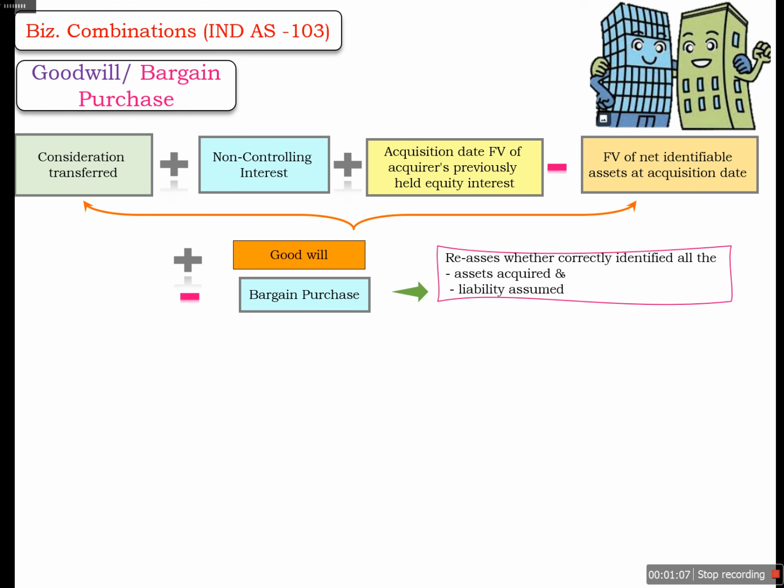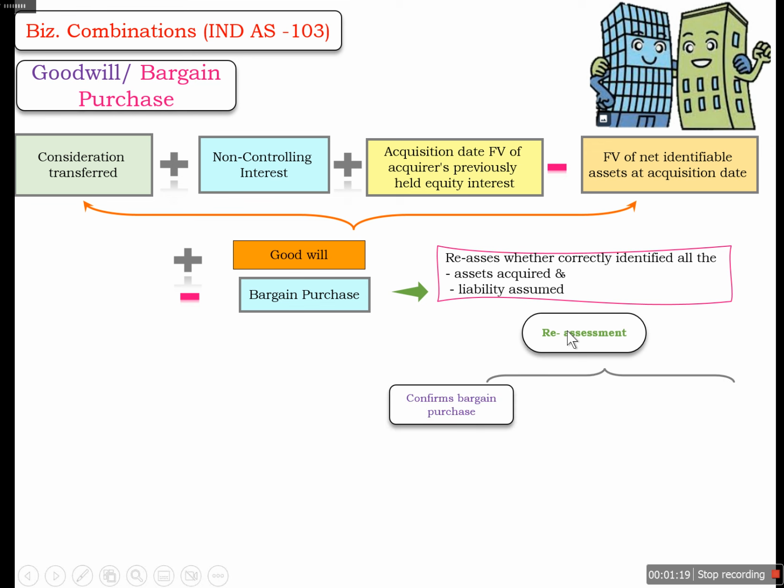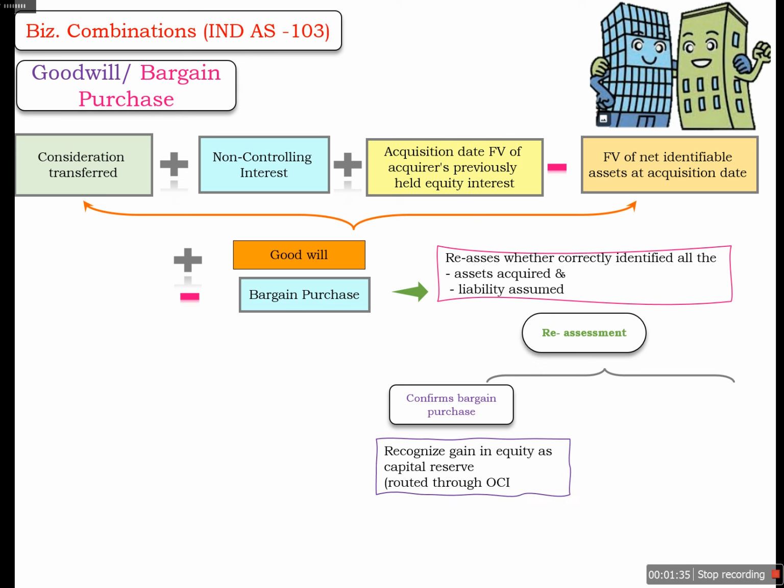So we need to reassess whether we have correctly identified all the assets acquired and liabilities assumed. After the assessment, if we find that we have identified all the assets acquired and liabilities assumed, and it confirms the existence of a bargain purchase, in that case we need to recognize the gain in equity as capital reserve, and it will be routed through OCI.